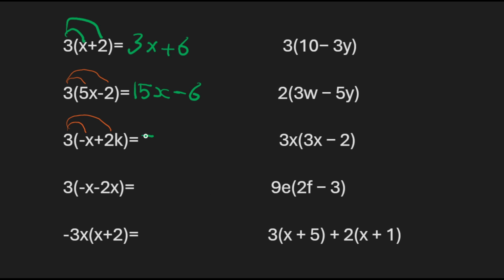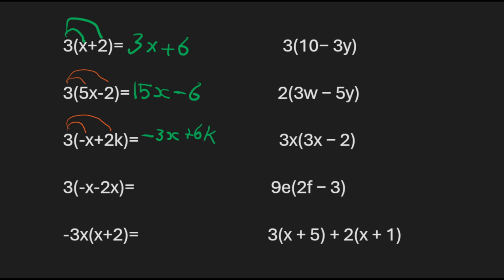So it's going to be negative 3x, and then 3 times 2k, just like we did 3 times 5x. 3 times 2 is 6, and then just bring the k. So it's going to be plus 6k. How easy.